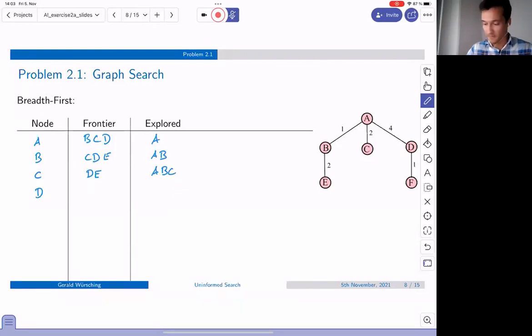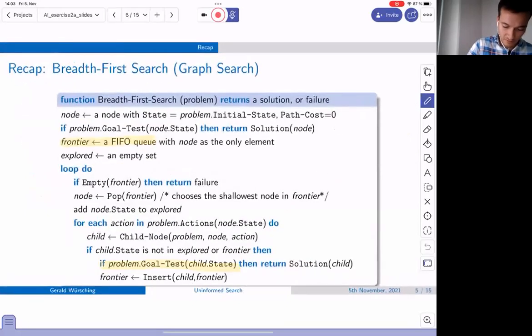Okay, then let's jump back to node D again. What does the frontier for node D look like now? Somebody wrote EF. So this was kind of a trick in the end. It's actually only E. Why is it only E? Because let me jump back to the slide. Our algorithm terminates as soon as one of the children of the explored node is the goal state.